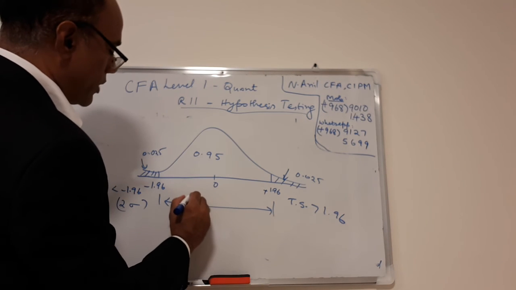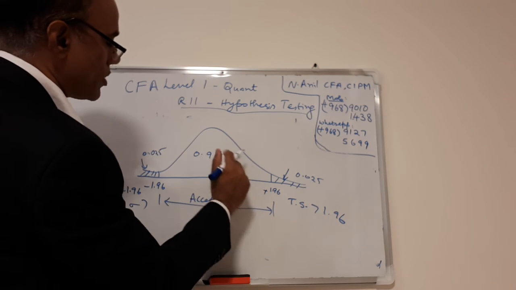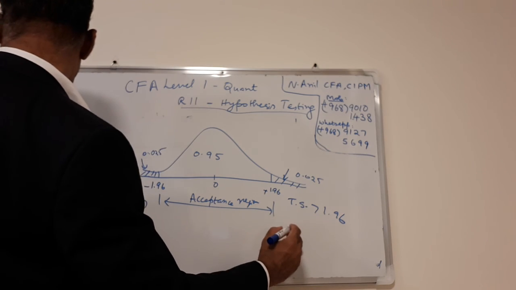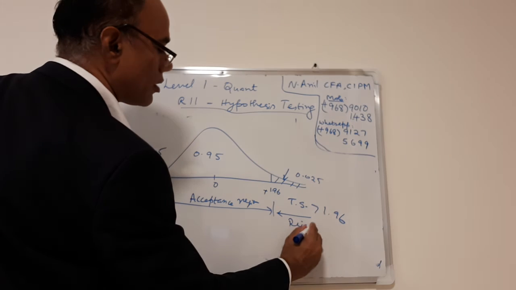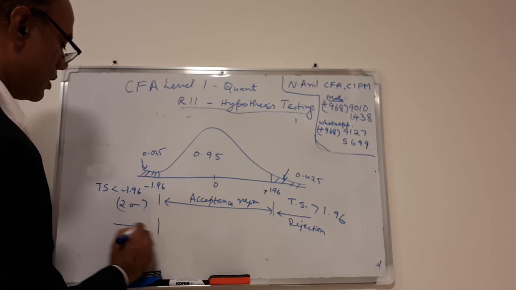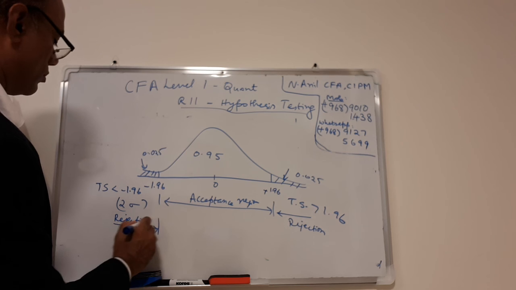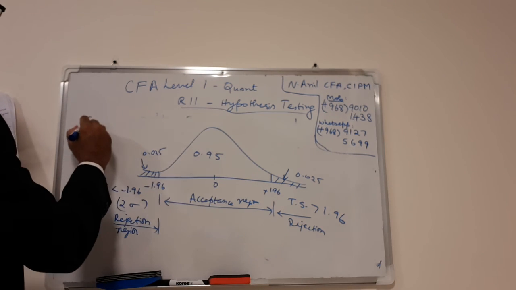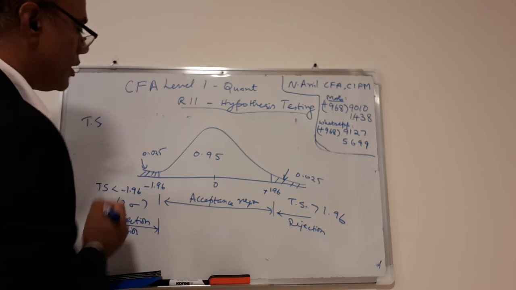So this is the acceptance region. If the test statistic lies in this region, the 95% acceptance region, you accept, and this is the rejection region. This is a two-sided test, so you will have rejection regions on both sides. When you calculate the test statistic, if it lies between minus 1.96 and plus 1.96, you accept, and if more than that, you reject.